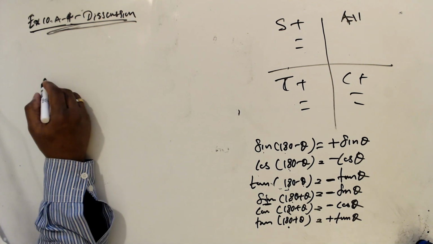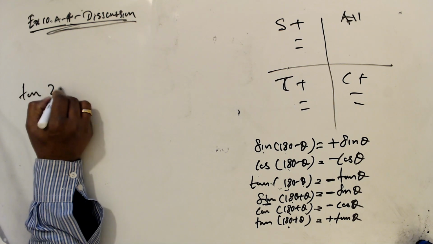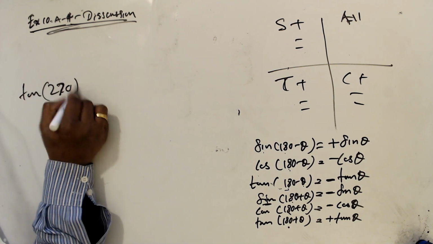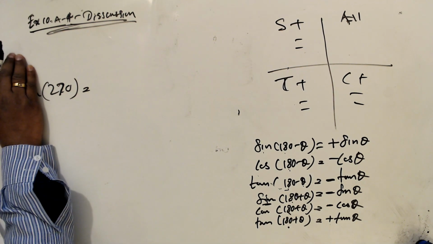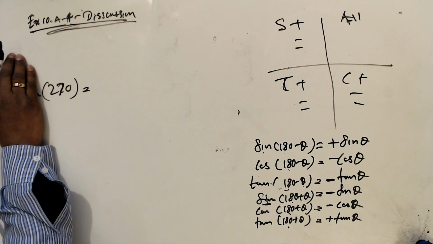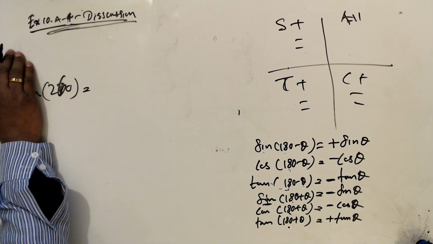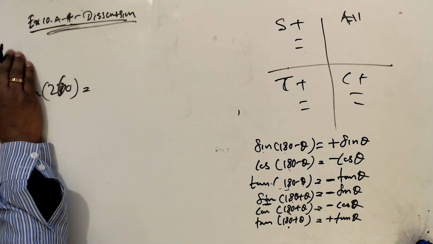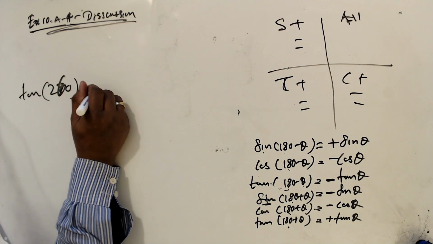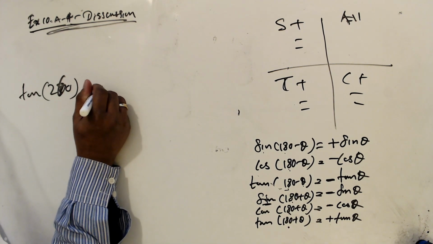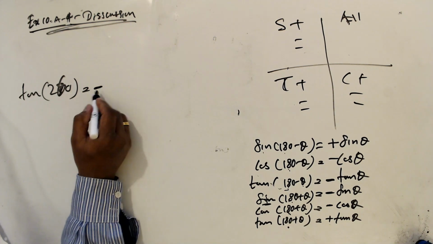For example, tan 270, right? Tan 270 is in which quadrant? Third. Okay, I put 260. 260 is in which quadrant? Third quadrant. In the third quadrant, tan is what? Negative. The value answer is negative. If you type tan in the calculator and take 260, your answer should be negative.